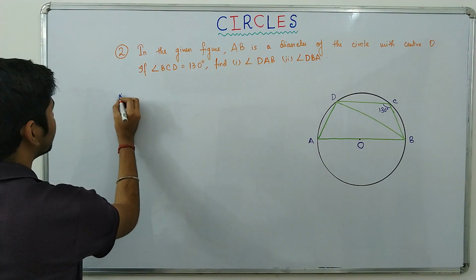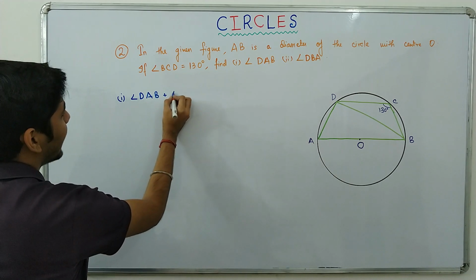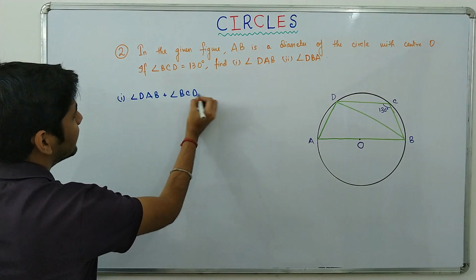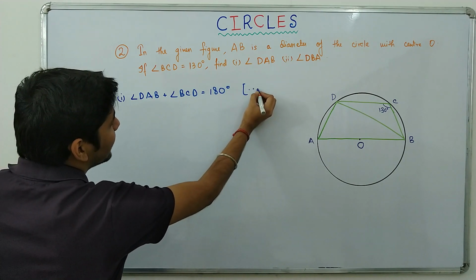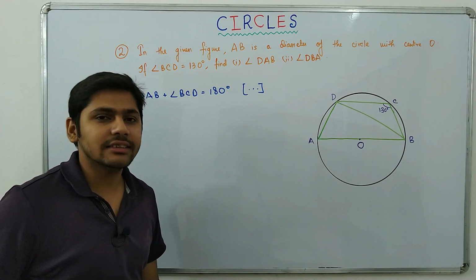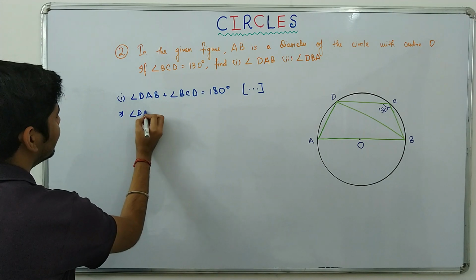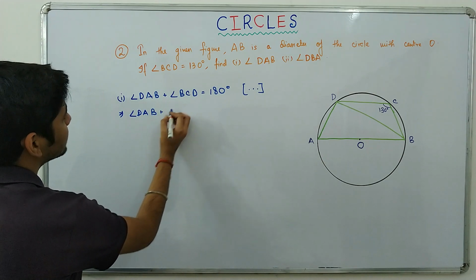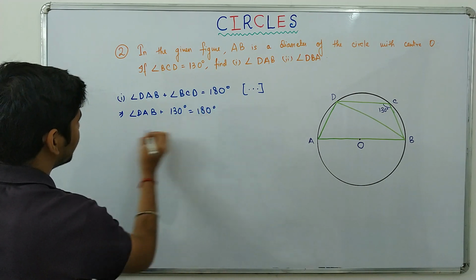So number 1, angle DAB plus angle BCD will be equal to 180 degrees, and beside this I will write that the opposite angles of a cyclic quadrilateral are supplementary. So I get angle DAB plus 130 degrees is equal to 180 degrees.